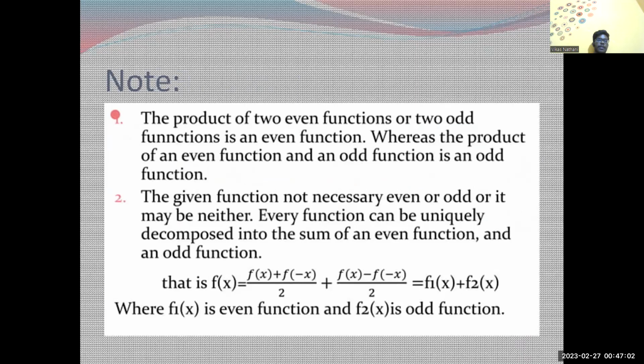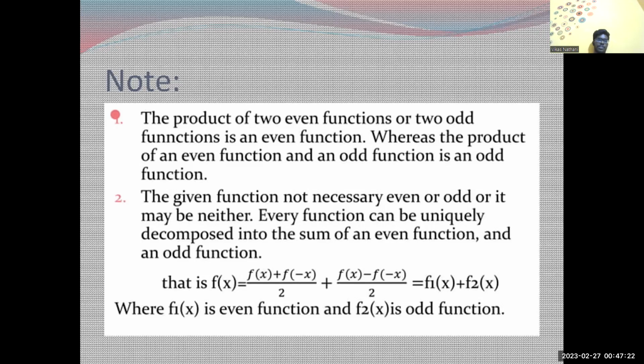Let's go through it again. If you take the example of two even functions, x square into x power 4, it is x power 6. So x power 6 is an even function.